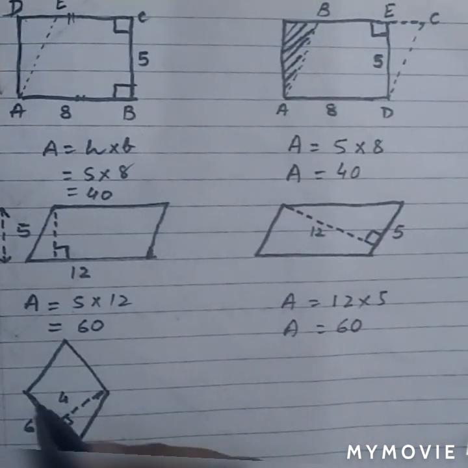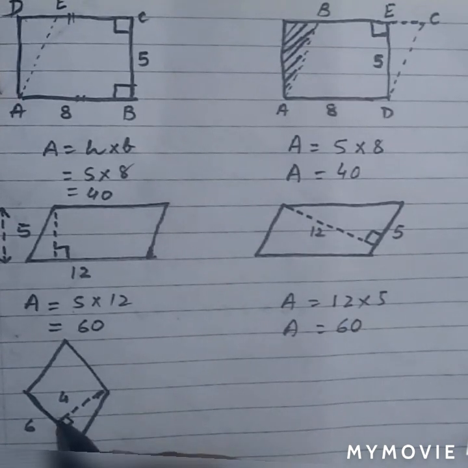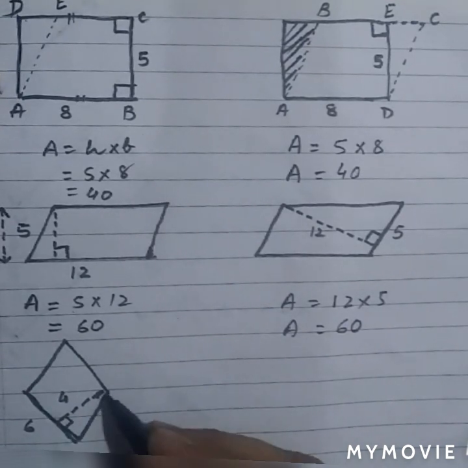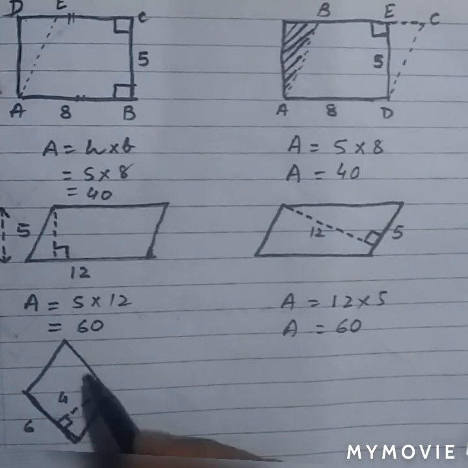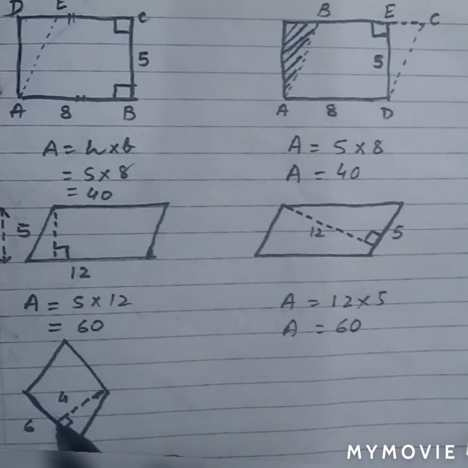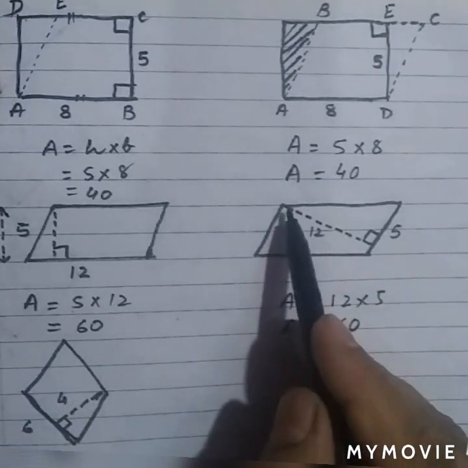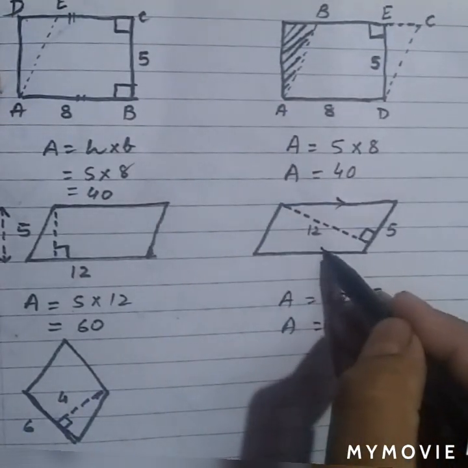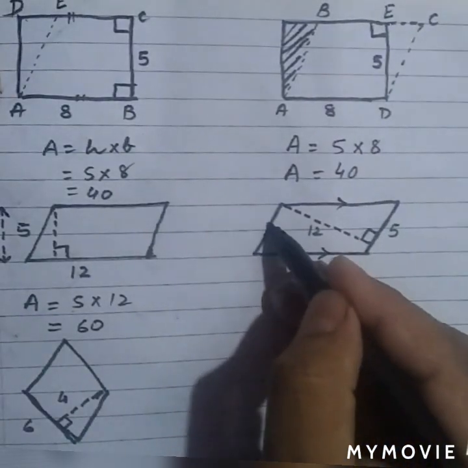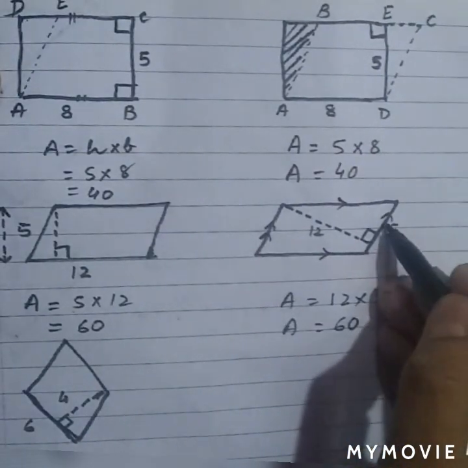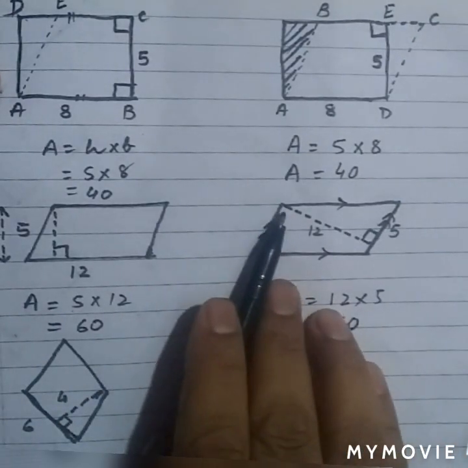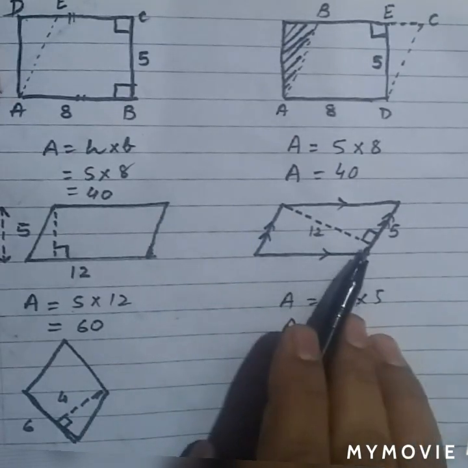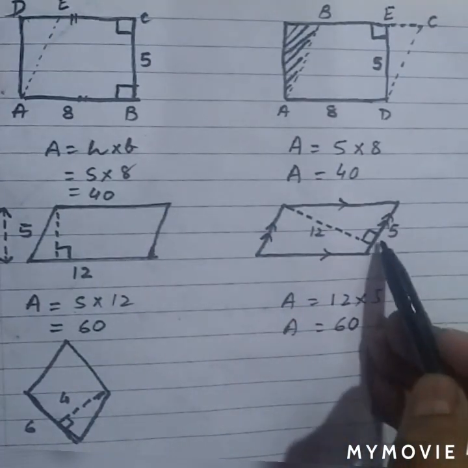In this parallelogram, this line can be taken as the base and this line as the perpendicular height. Remember, I have started from one of the corners between the parallel lines of this parallelogram, and I have dragged that perpendicular height to the other side. So the height will always be taken from one of the ends and dragged to the other side, between the two parallel sides.